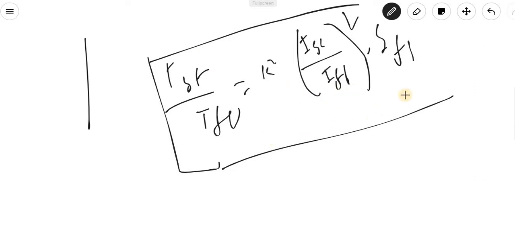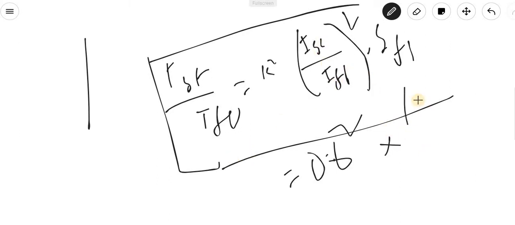Starting of auto transformer study. Now what we know, this K is 0.6 square, and ISC and IFL, how much?